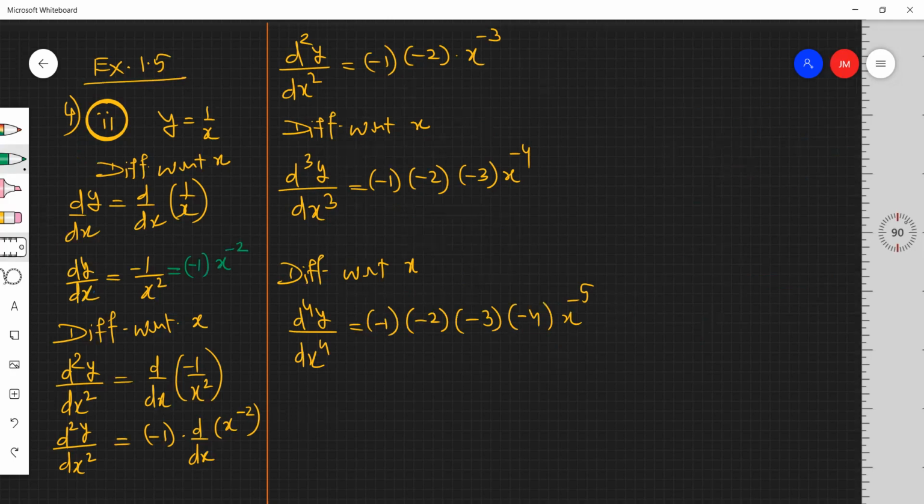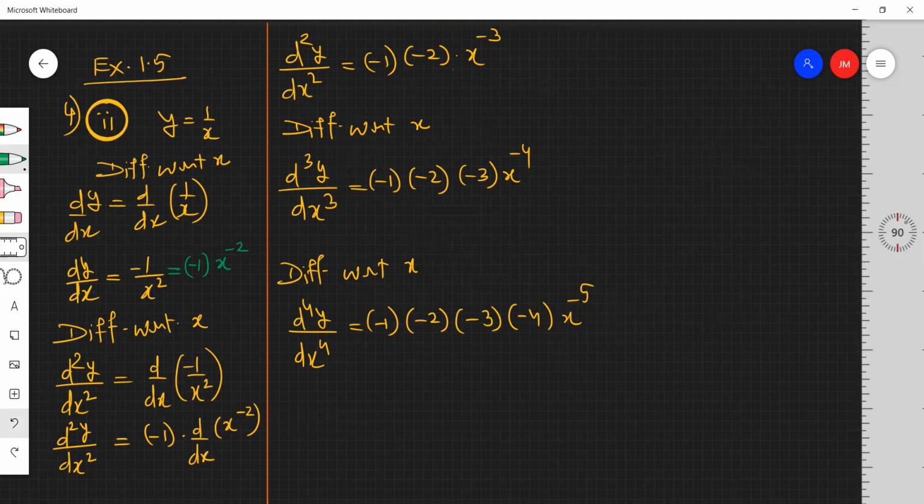Minus 1 upon x square, I prefer to write it this way. Now here I have the second derivative. In the first derivative, dy by dx is minus 1 upon x square, which I write as minus 1 into x raised to minus 2.